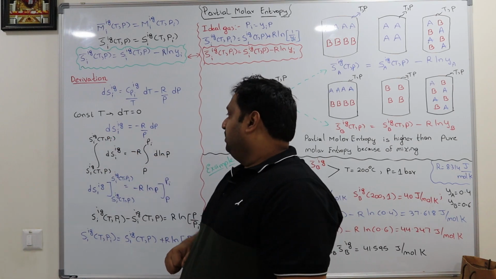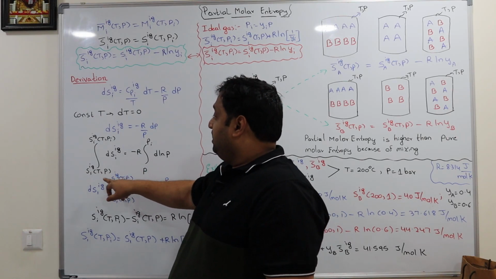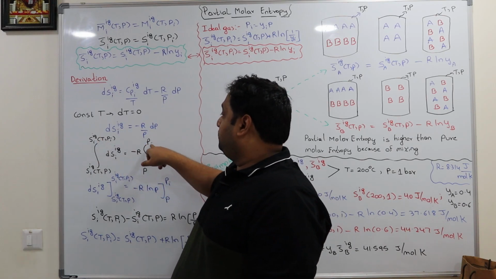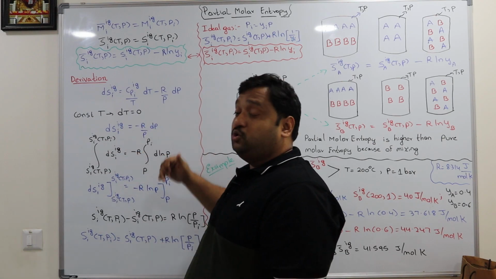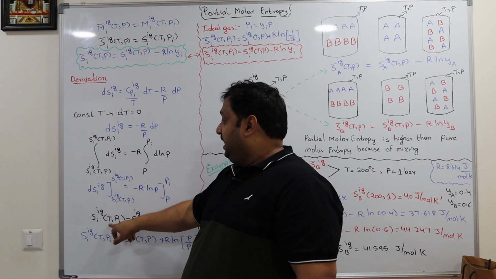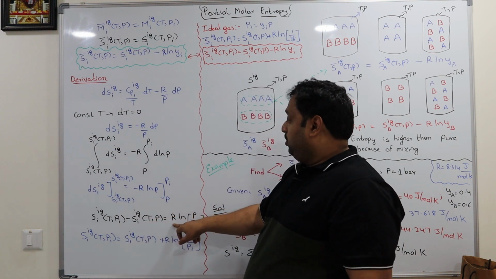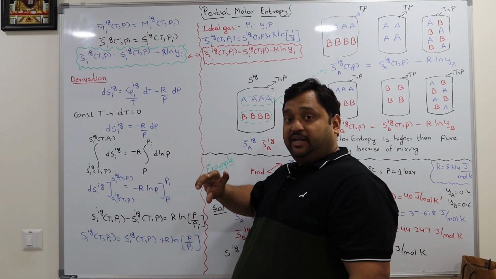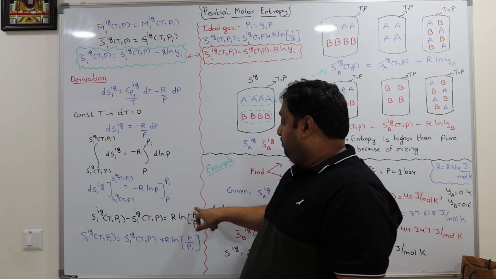Entropy at T and P has pressure P; entropy at T and Pi has pressure Pi. You integrate between these two limits, and you get the entropy at T and Pi equal to the entropy at T and P minus R ln Pi by P, because if the minus goes inside, the value is inverted. So R ln P by Pi.